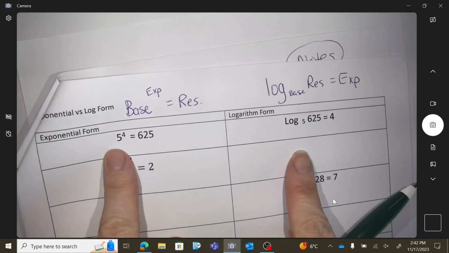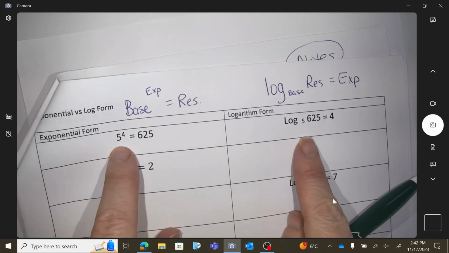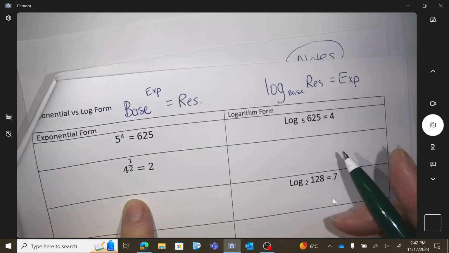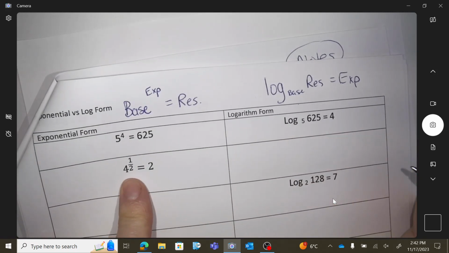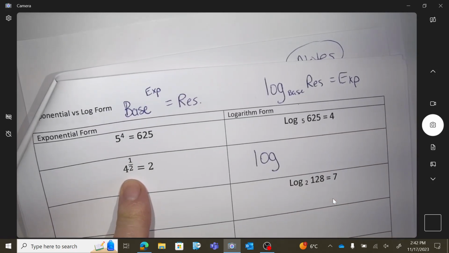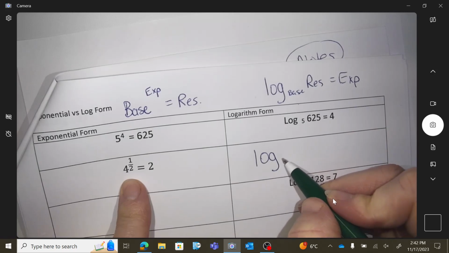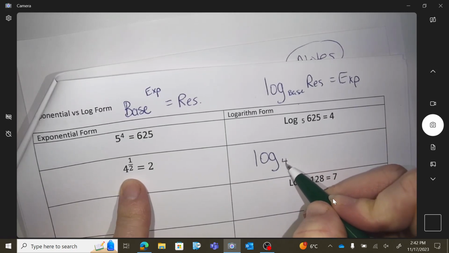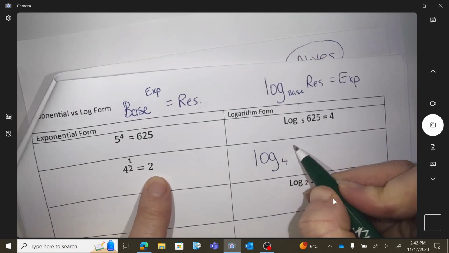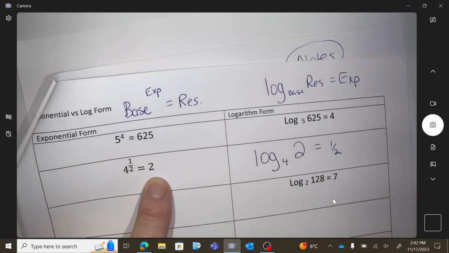So I did the first one for you. You can see where I put the base, the result, the exponent. I need you to take this exponential and write it as a log. So log of little base, the result equals what exponent?